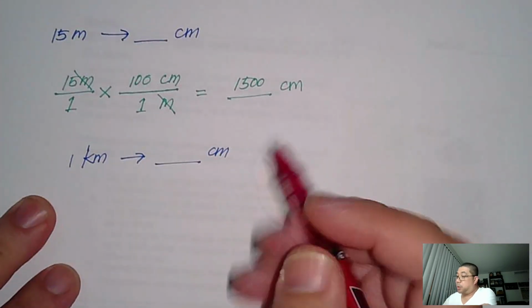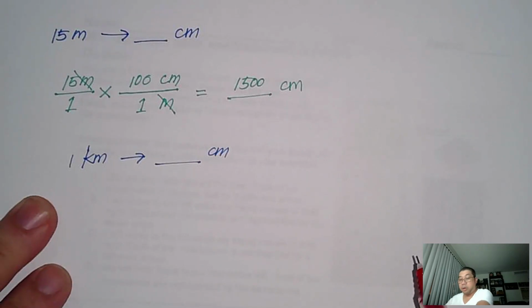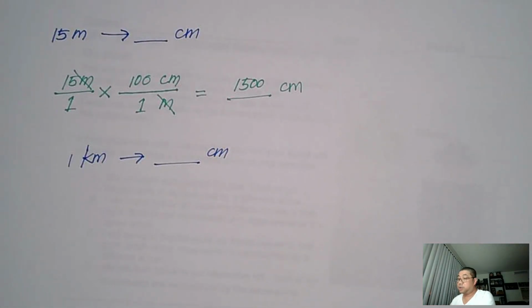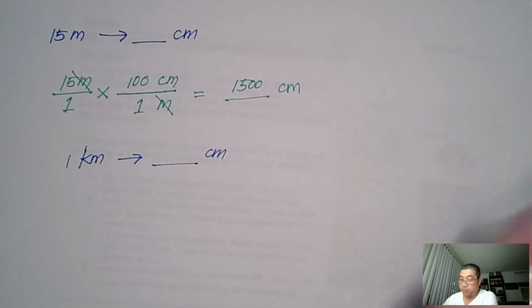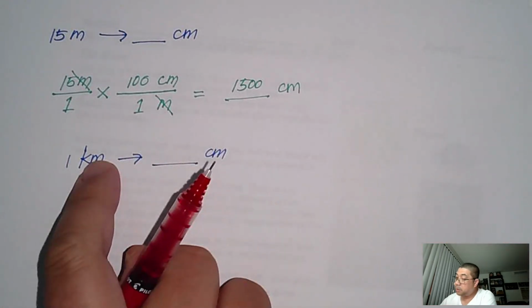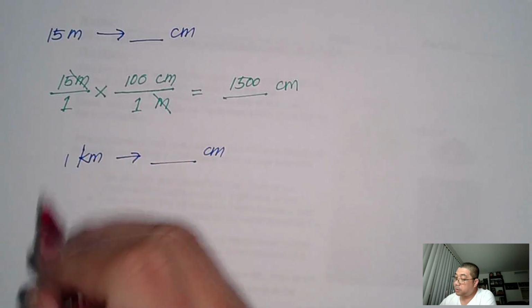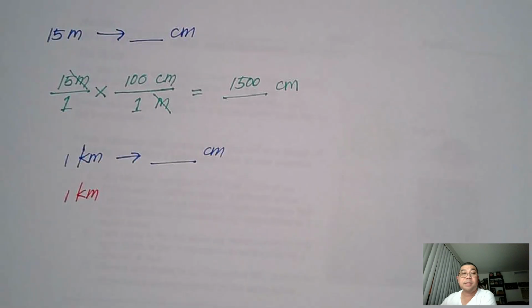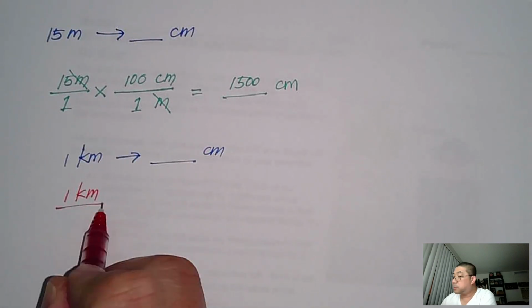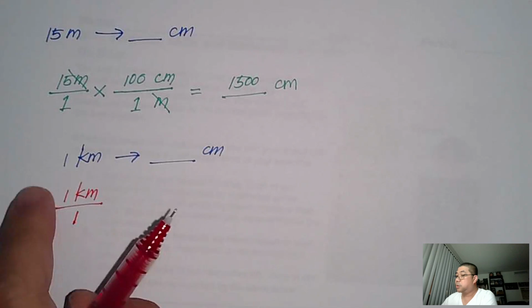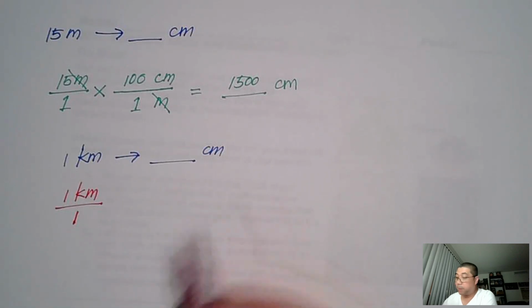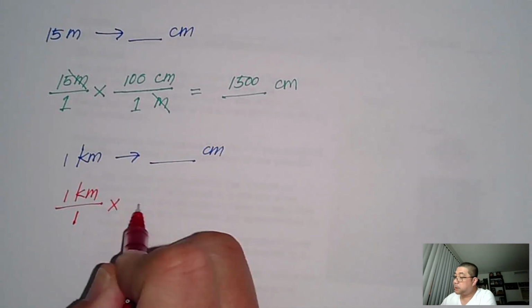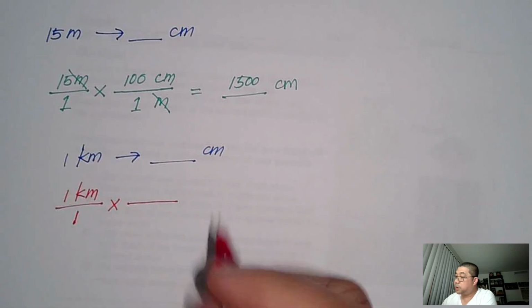So let's start by copying our given information, which is 1 kilometer. Our next step is to convert this into a fraction by dividing it by 1. So 1 divided by 1 will give us 1. Draw our multiplication symbol and change our kilometers into something.